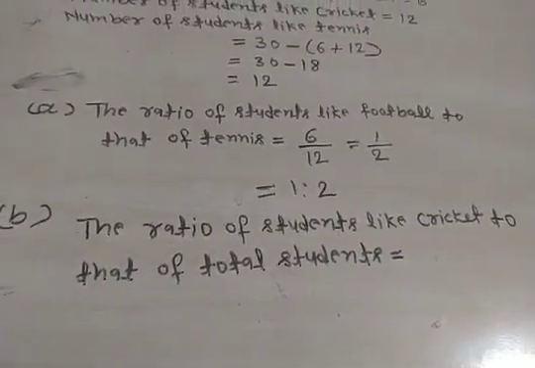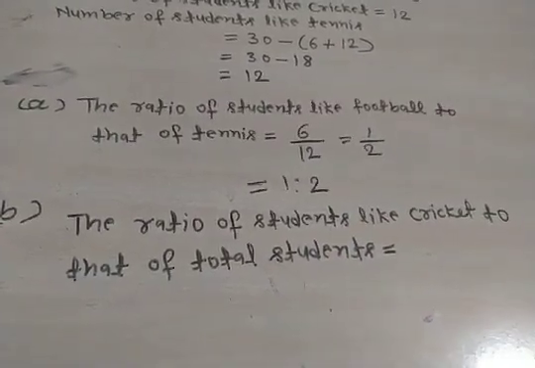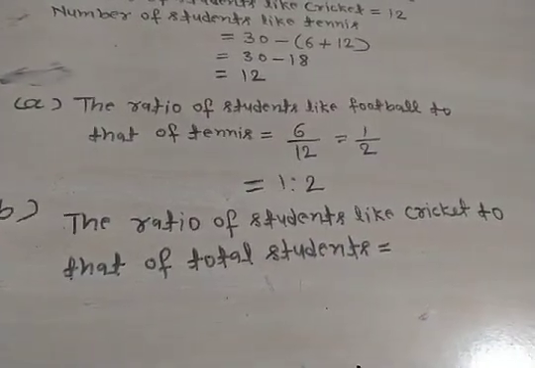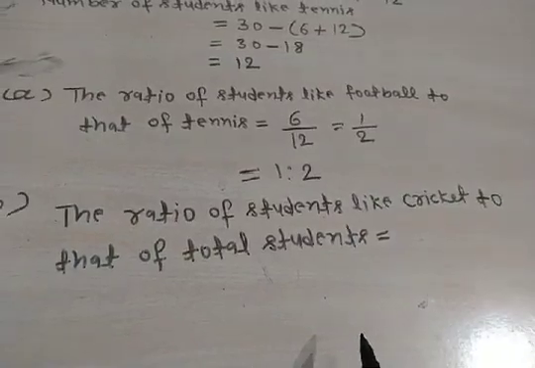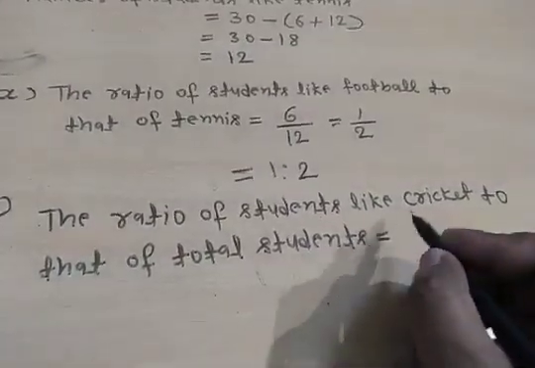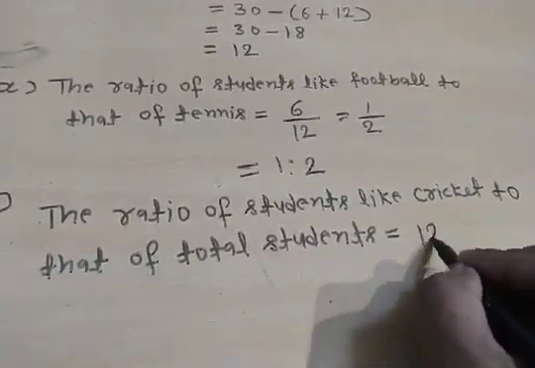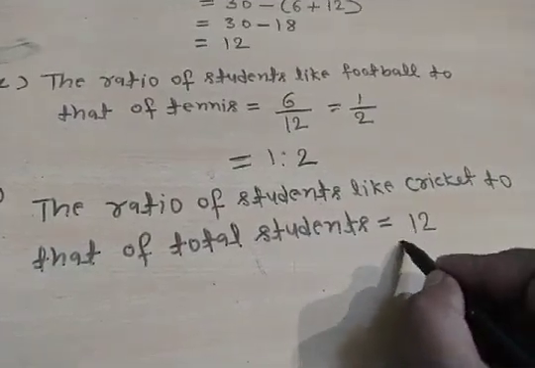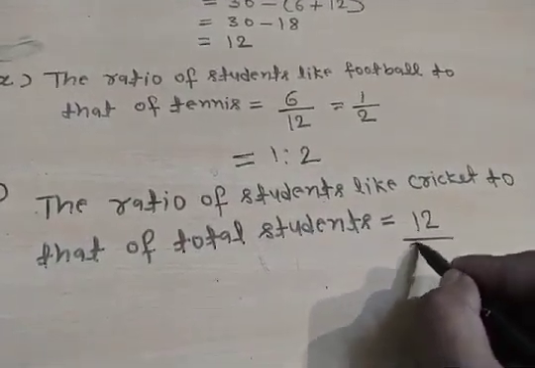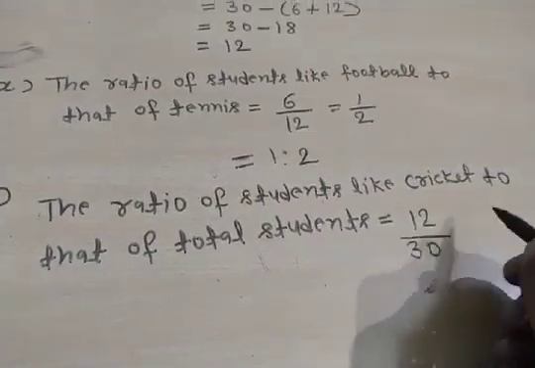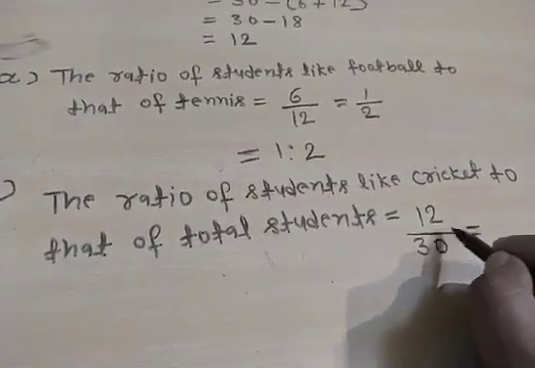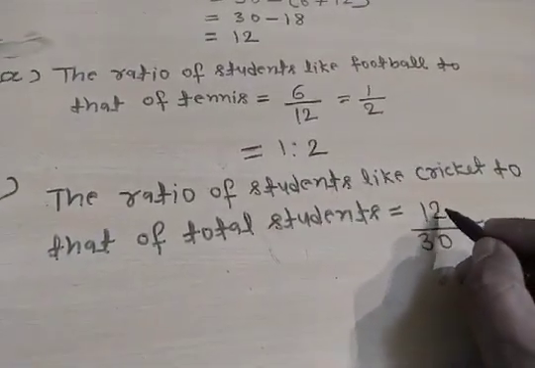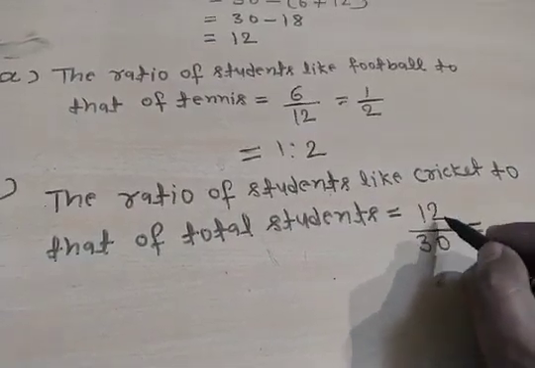And the B part, the ratio of students who like cricket to total students. So the number of students who like cricket is 12, and the total number of students is 30. So first we simplify it. We divide numerator and denominator by 6.